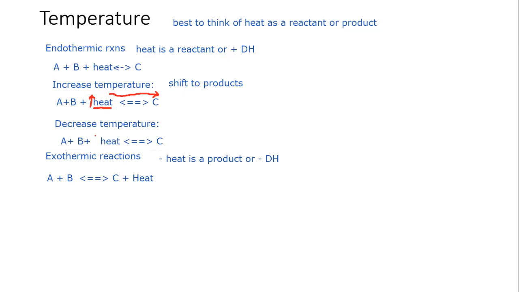So that means heat is decreasing. So if heat is decreasing, that means we're removing a reactant. We learned in the earlier slides, as we remove a reactant, it shifts to make more reactant. So this shifts to reactants.